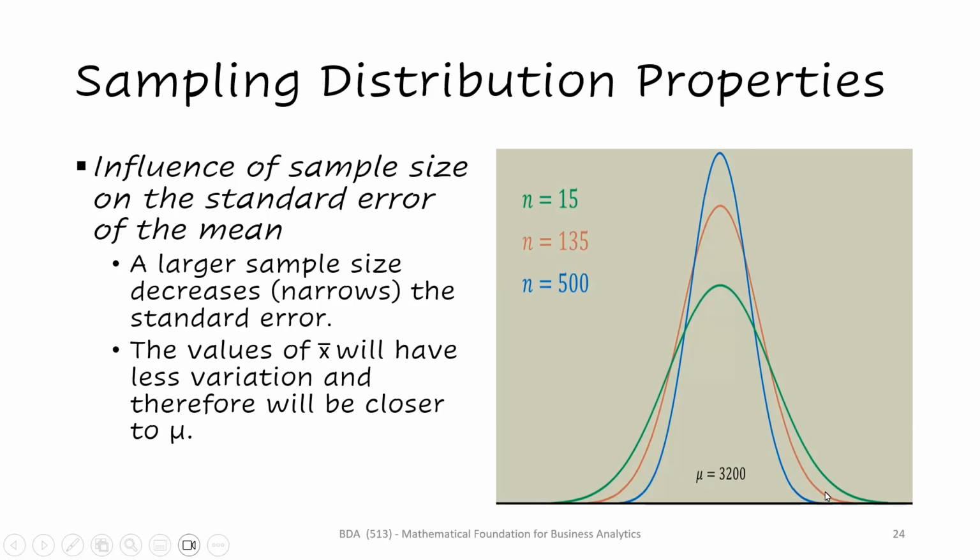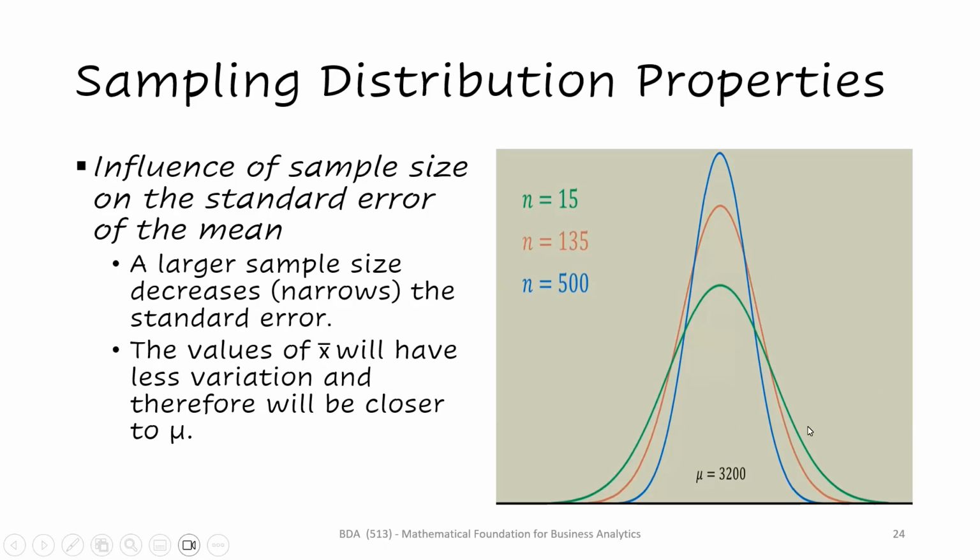The values of x-bar will have less variation and will therefore be closer to the mean. With a smaller sample size, the first one, the bell at the bottom, its tails go further away from the mean.